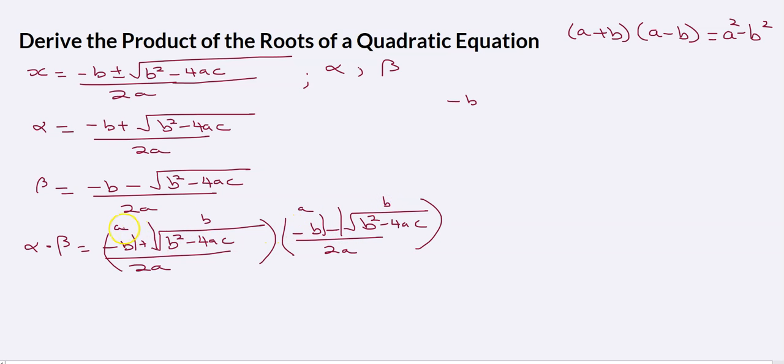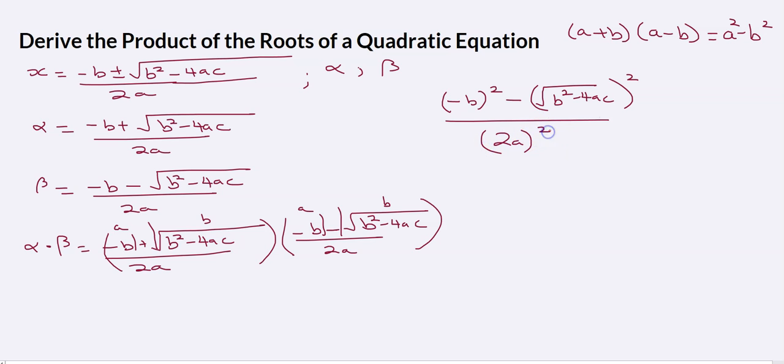Can you see that? So you have a plus b, a minus b. So it's going to be a squared. So we have negative b squared minus the square root of b squared minus 4ac squared, and then we're going to divide by 2a squared. So now let's go ahead and simplify this.